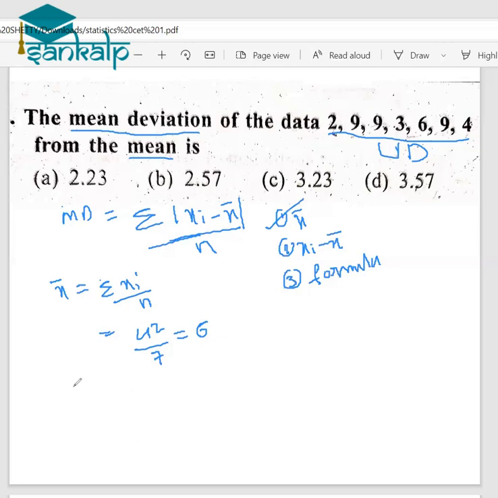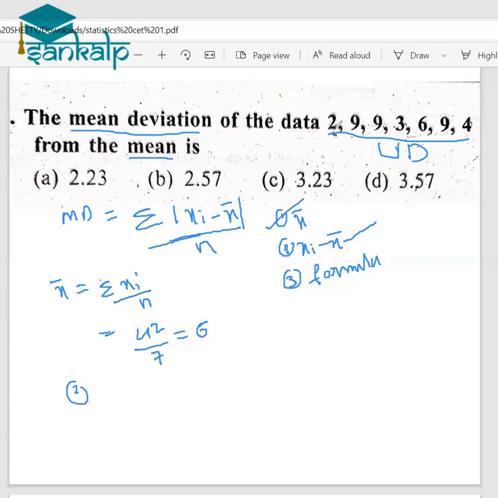Next, second step, we take the absolute deviation. Absolute deviation means whatever the difference is, you take the positive value, of the deviation of the scores from x bar.